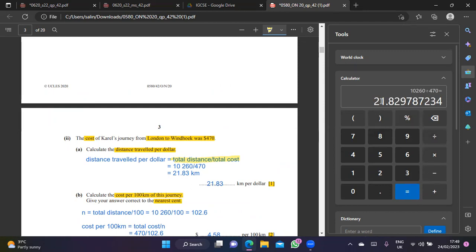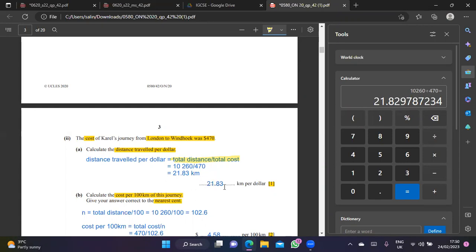Now you got 21.829. Is there any requirement saying that your answer must be three significant figures or two decimal places or one decimal place? No, there's no requirement. So you can take any significant figure.